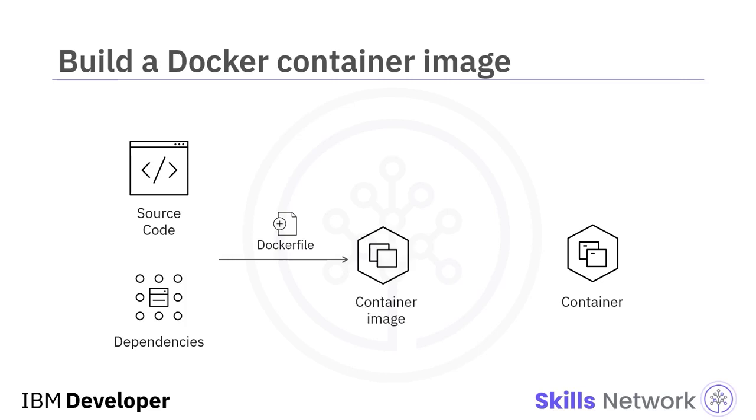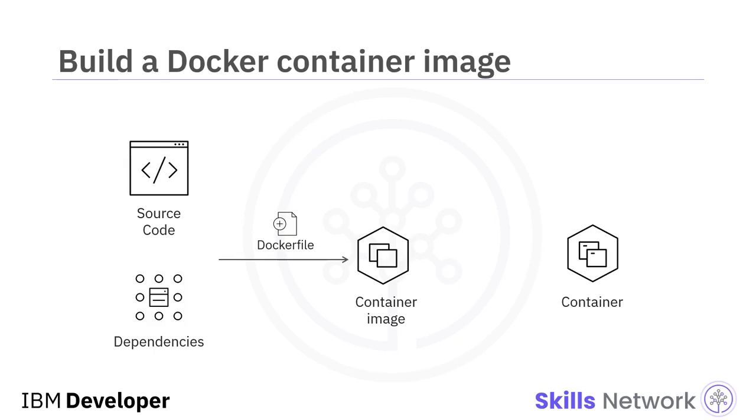A container image is built after the Docker file is created. Note that a container image and a container are two distinct things. An image is an immutable file containing all the application assets like source code, libraries, and dependencies necessary for an application to run. And the images are read-only, so if you change an image, you create a new one.